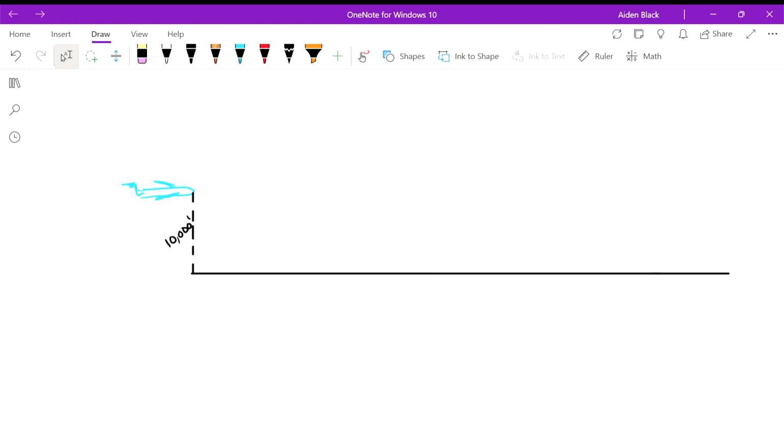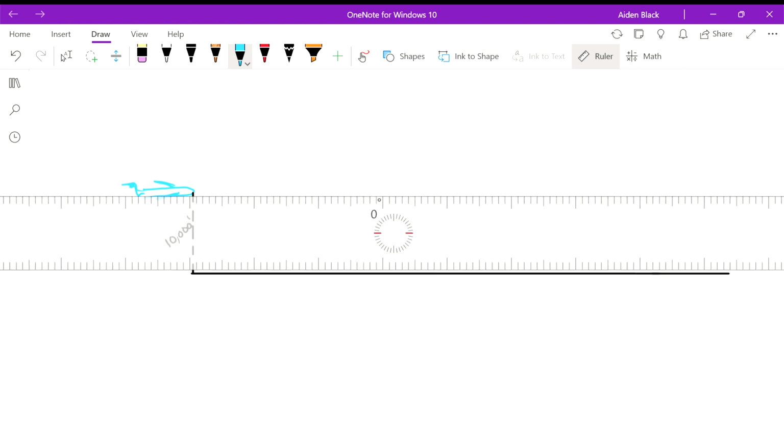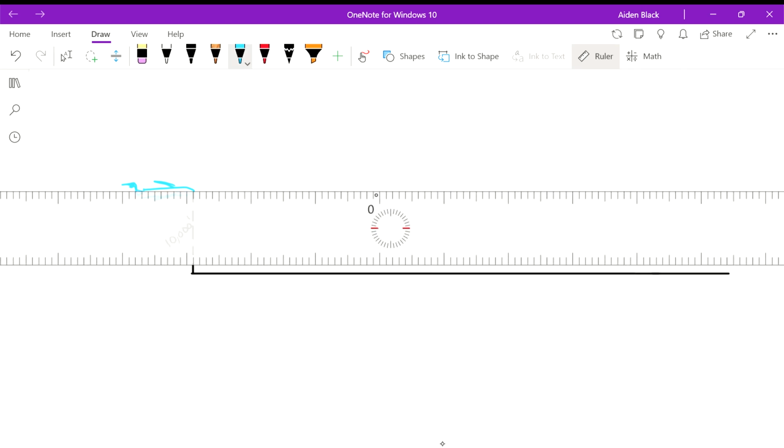So we're wondering, and I'm going to draw this line eye level to the plane because that's important when you're dealing with angle of depression or angle of elevation. I'll just draw this a straight line.